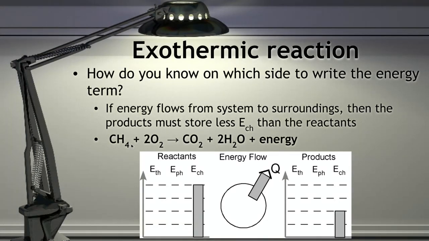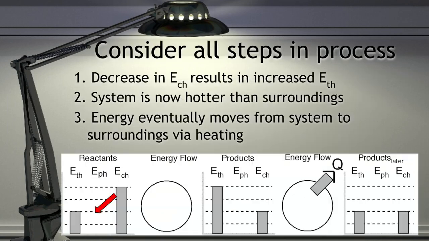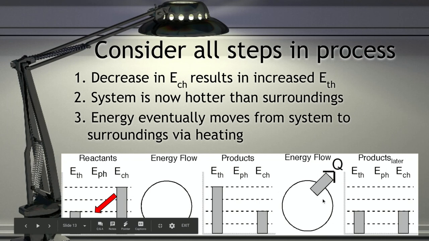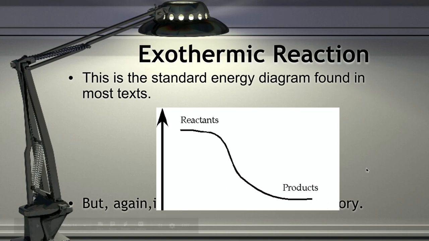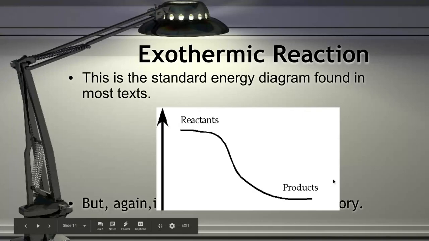Then for an exothermic reaction, I would sketch this reaction. Energy is a product in an exothermic reaction. Then I would sketch the overall LOL diagram for an exothermic reaction where chemical energy is transferred to my thermal, and then it's released. And then I would sketch this exothermic reaction energy diagram where my reactants are higher in energy than my products. Energy is released and my products are going to be lower.